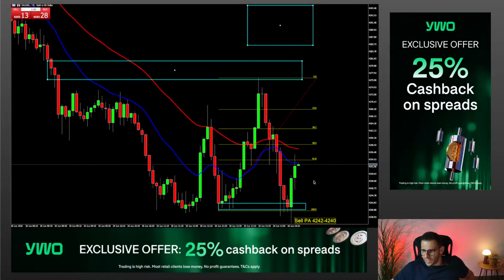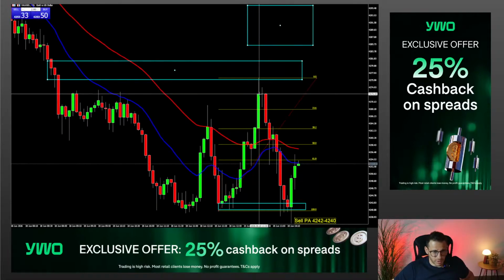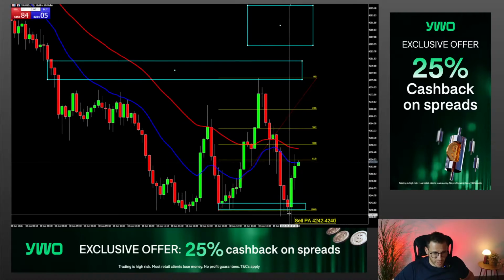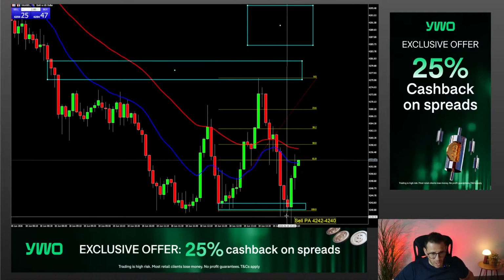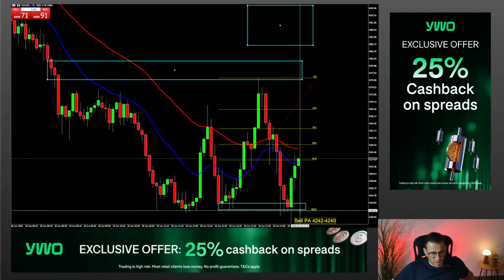Guys, I think it's time to wrap up for today. The market is absolutely good. So my position for today was only one sell right there. I'm just waiting for a nice close below this low. I'll just place an alert here, and if the price comes down, I will look to sell it.